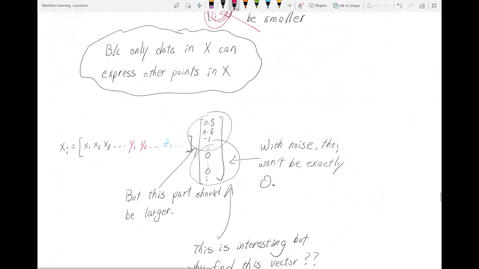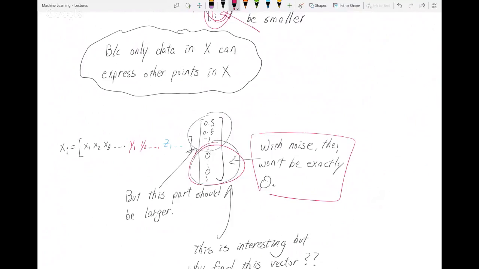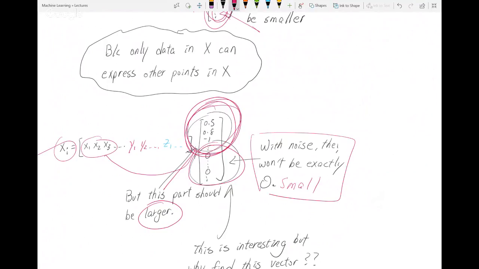With noise, they won't be exactly 0, but it'll be small. But for the most part, these weights are going to be much larger because they have the ability to recreate xi.